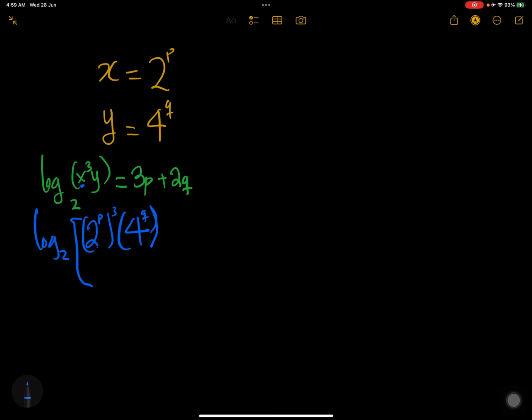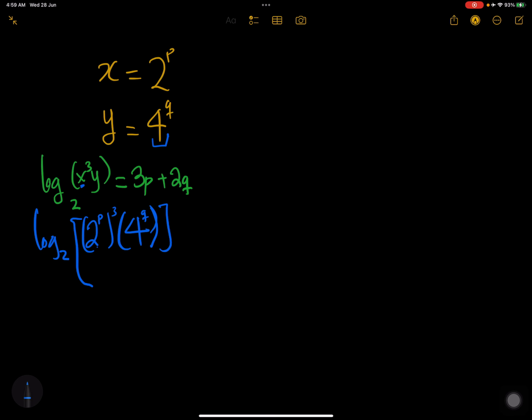And then we would have represented that particular side of the logarithm. So we have x cubed y, and the x cubed is 2 to the power of p, all cubed, multiplied by y, which is 4 to the power of q.